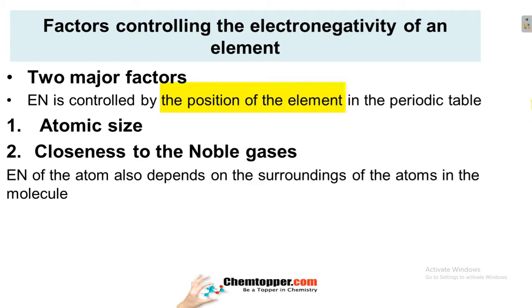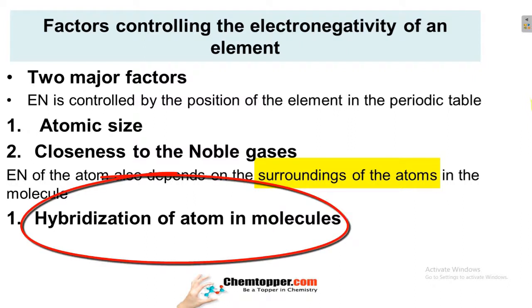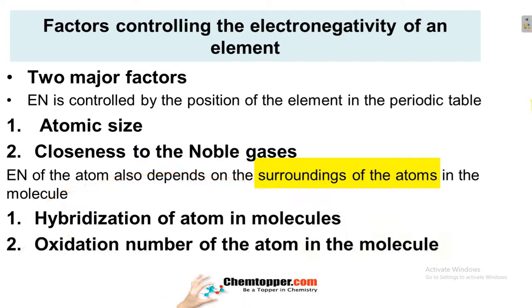The second factor is the surroundings of the atoms in the molecule. Atoms can have different hybridization in different molecules, and hybridization can change the size of the orbitals participating in chemical bonds. And size is the major factor controlling the electronegativity of the atoms.